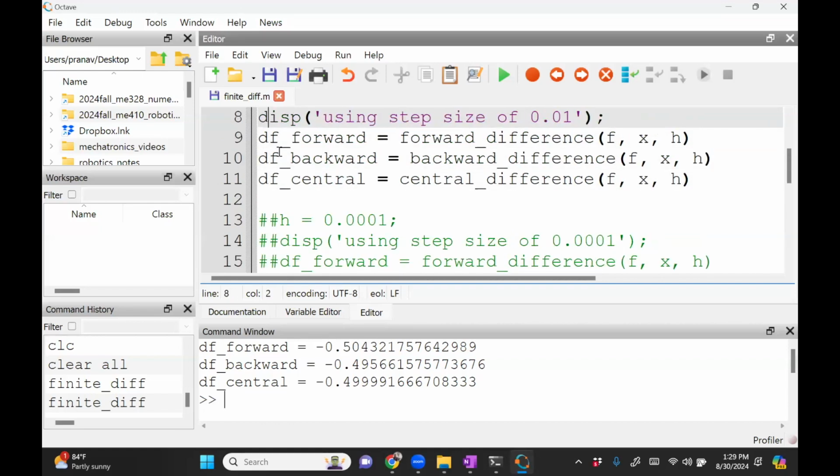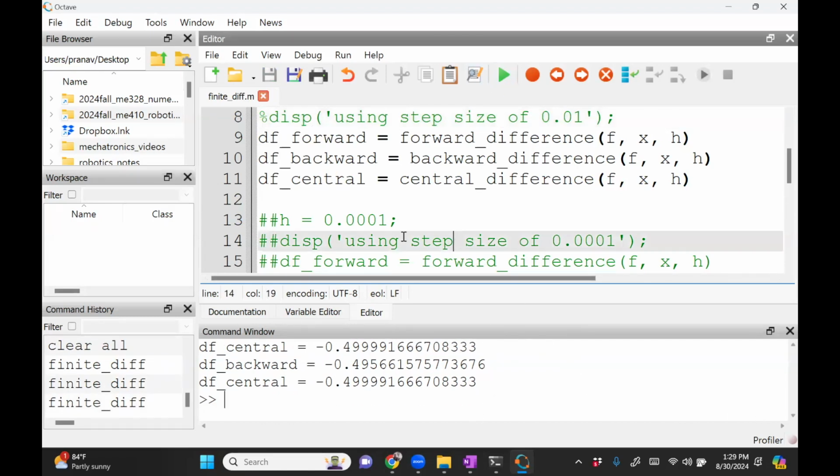I don't know. Let's see. Yeah, well, that's unfortunate. That's how it works. I'll see if I can find a fix to this. It seems like you need to comment one out to get the other thing to work.